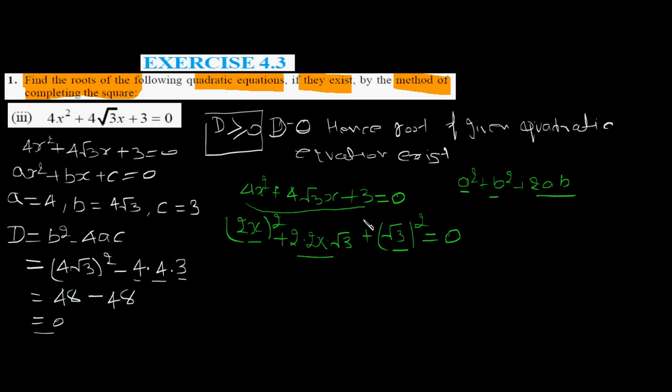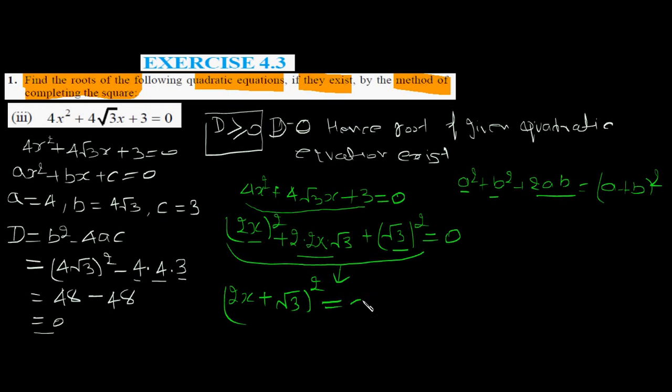Now I can write this whole term as a plus b whole square, where a is 2x and b is root 3. So (2x plus root 3) whole square is equal to 0, right?